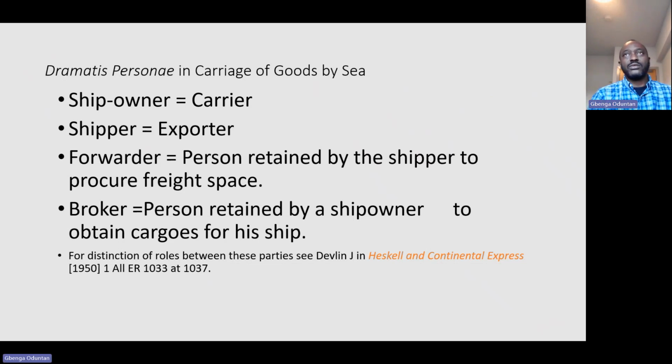The shipper would be referred to as the exporter. The forwarder is a person who is retained for business by the shipper, who is the person who wants to send things out to another territory, to procure the space on the ship for him or her.